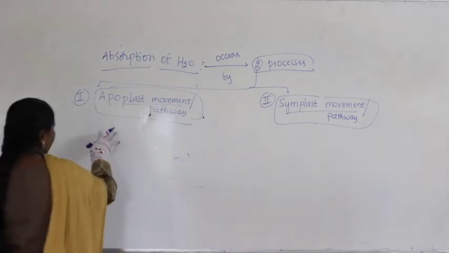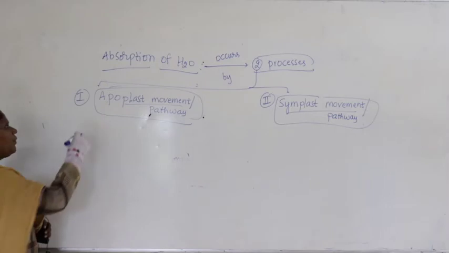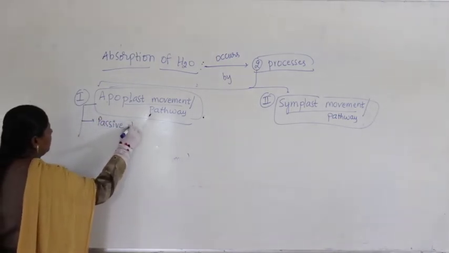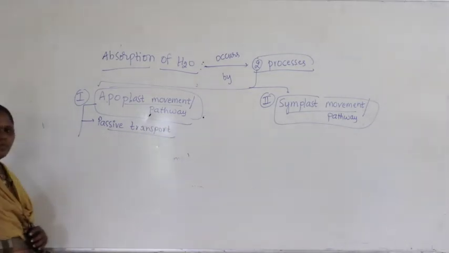So, looking at the basic differences, apoplast is nothing but passive transport. Passive transport, we all know very well, right?